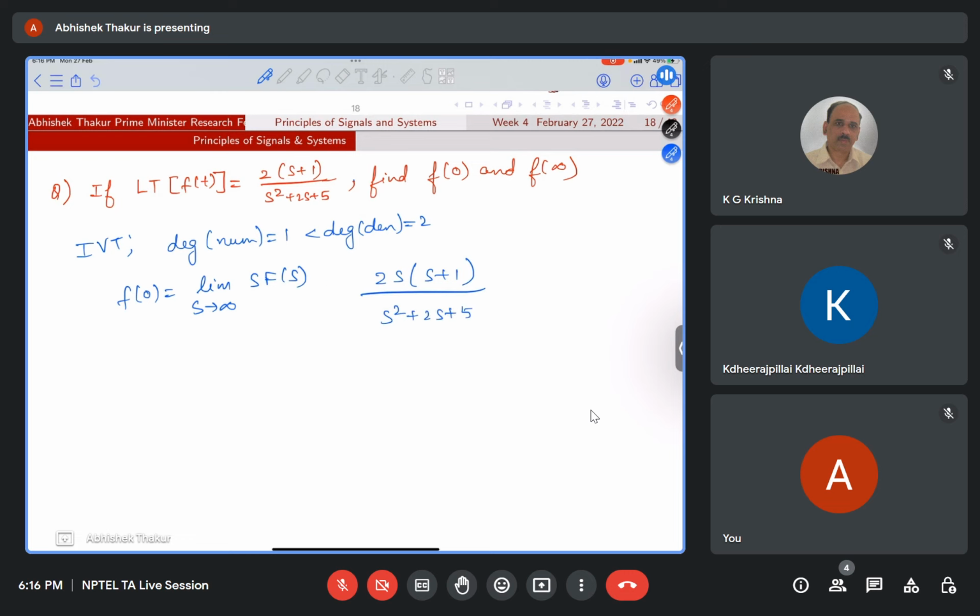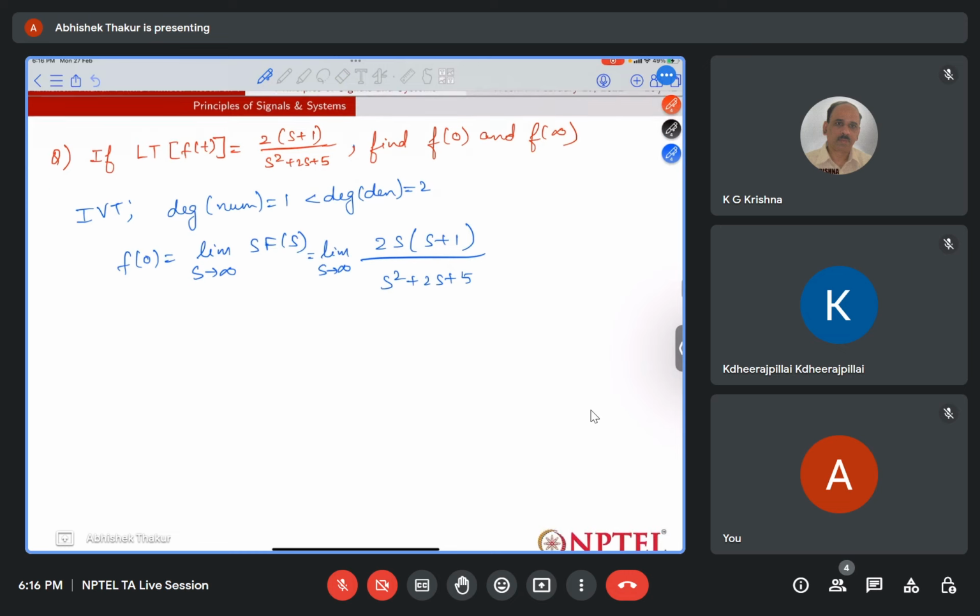Here limit s tends to infinite. What do we do when s tends to infinite in such kinds of things? We just divide by the highest order of s, which here is s squared. So we divide the numerator and denominator by s squared.